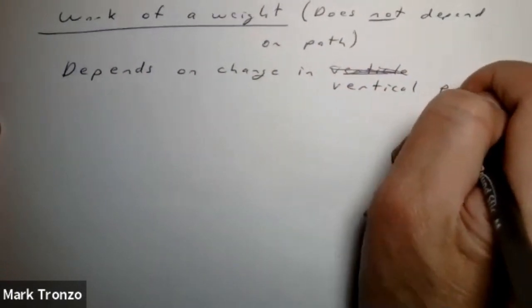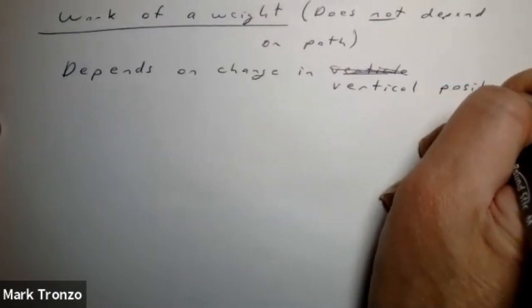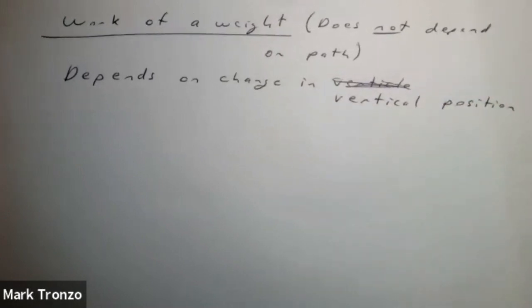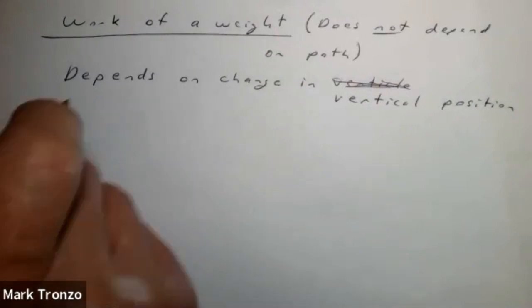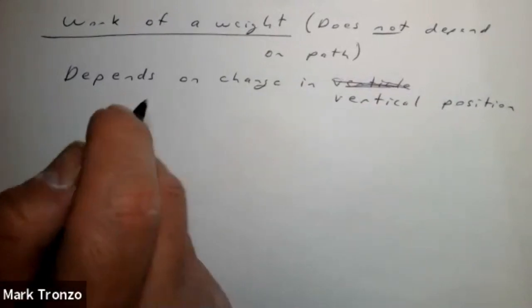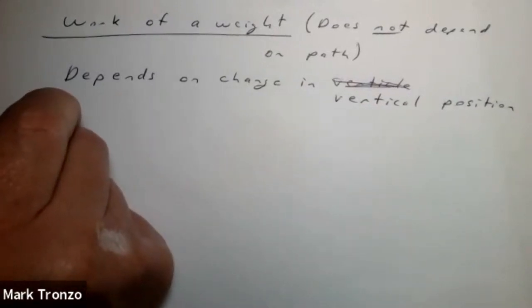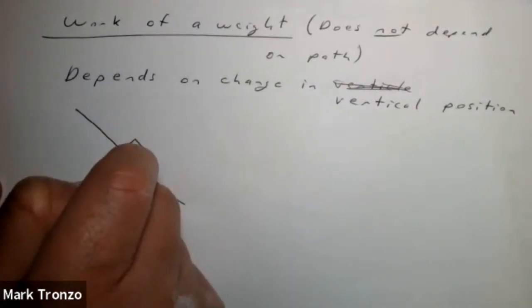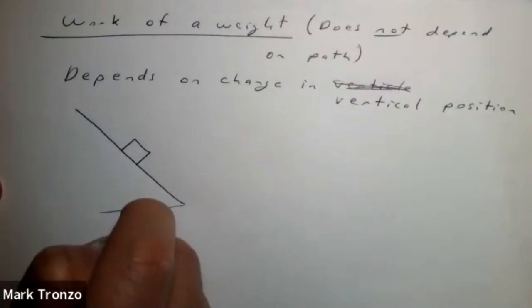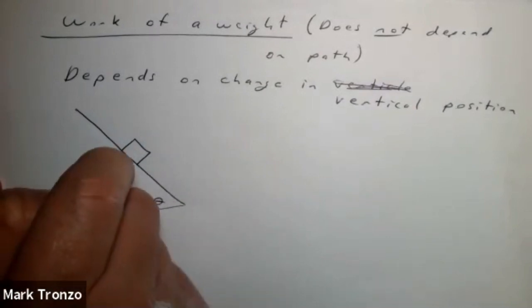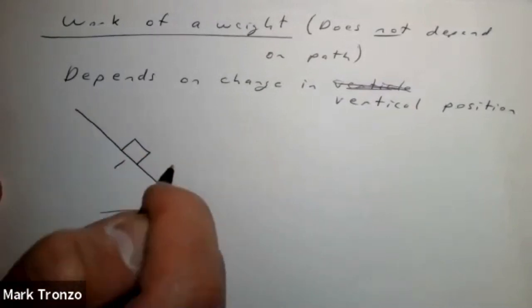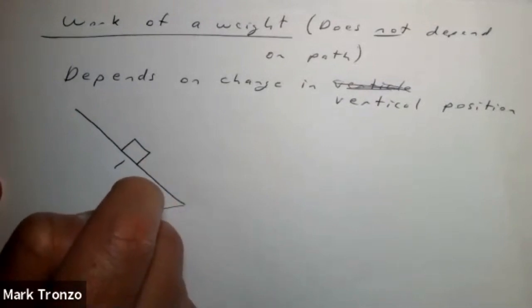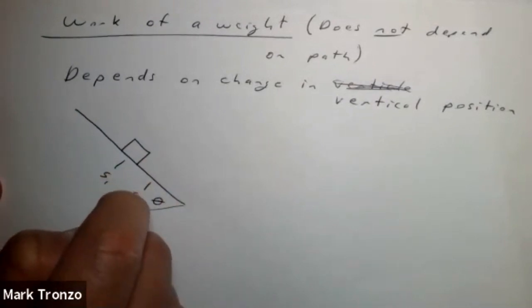So, for example, if you have, say, again a block here, let's have an angle, and maybe you're going from S1 to S2.